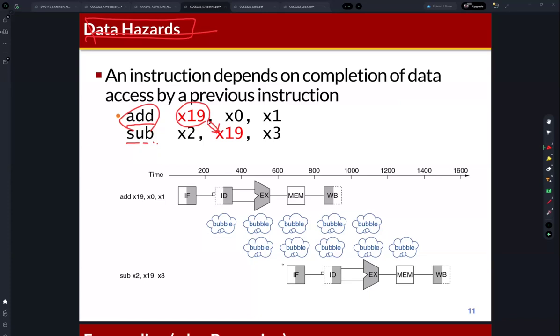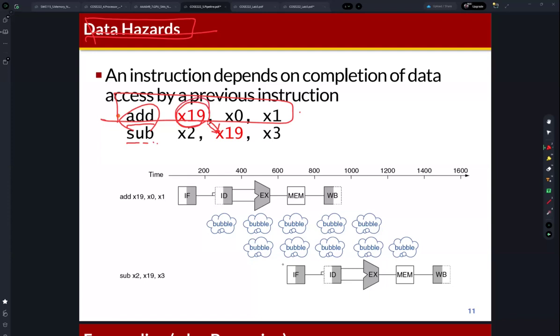Actually, in the single cycle processor design, we don't need to consider data dependencies or data hazards. If this add instruction is executed in a single cycle processor, all steps are complete within one clock.